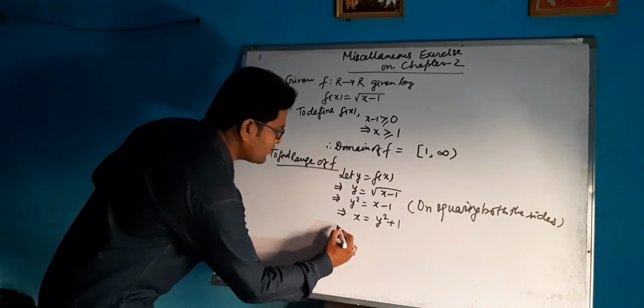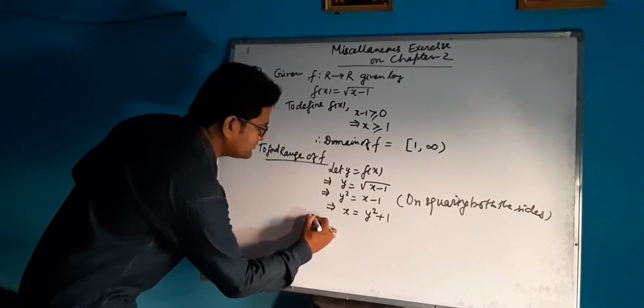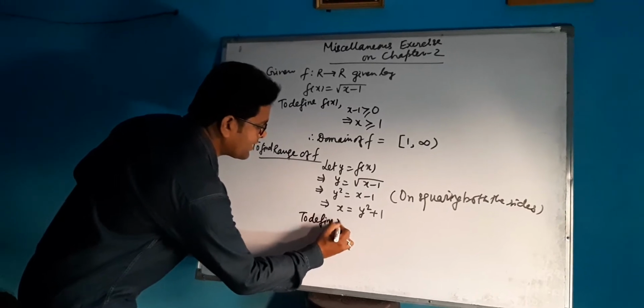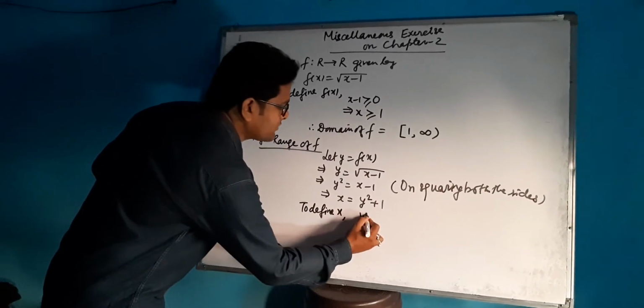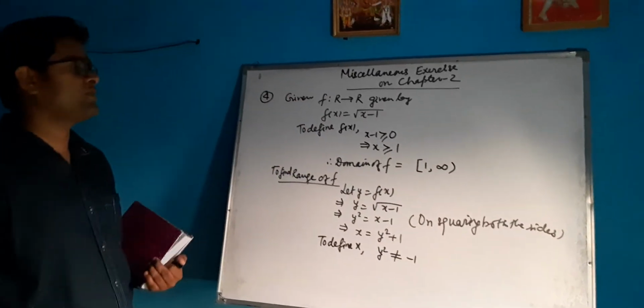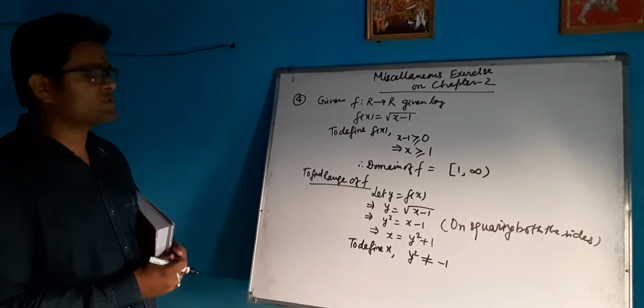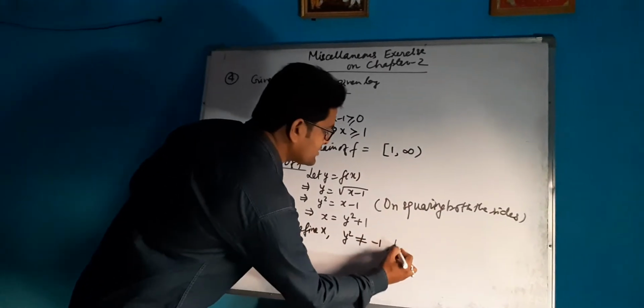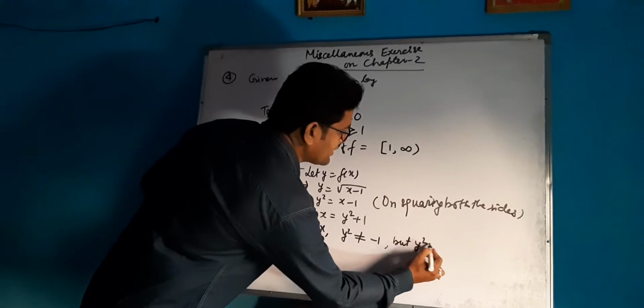So what we can write here, to define x, y square should not be equal to minus 1. Means y square can't be minus 1. But y square can be 0.